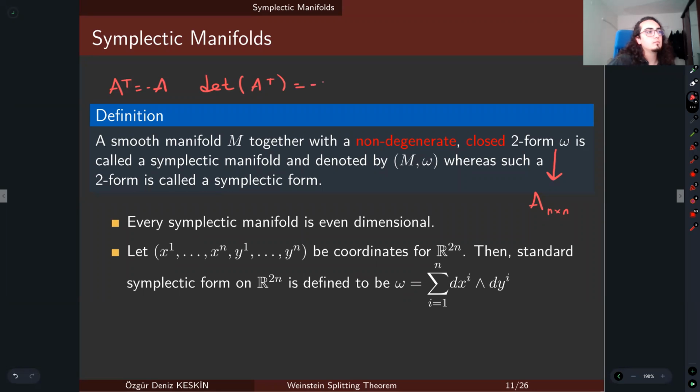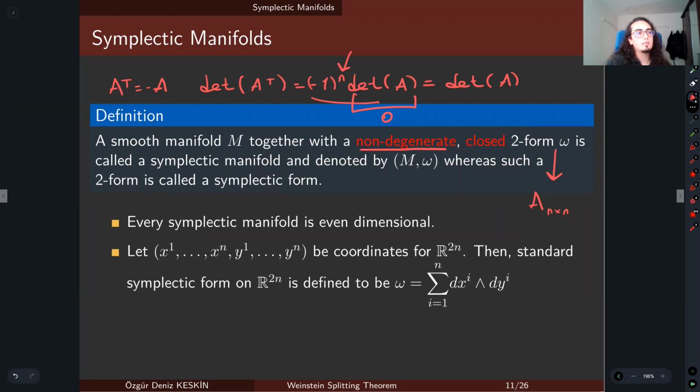So we end up with (minus 1) to the n times the determinant of A being equal to the determinant of A. And here, if n is odd, we see that the determinant of A must be 0. But this contradicts the non-degeneracy condition. So a symplectic manifold must be even dimensional.